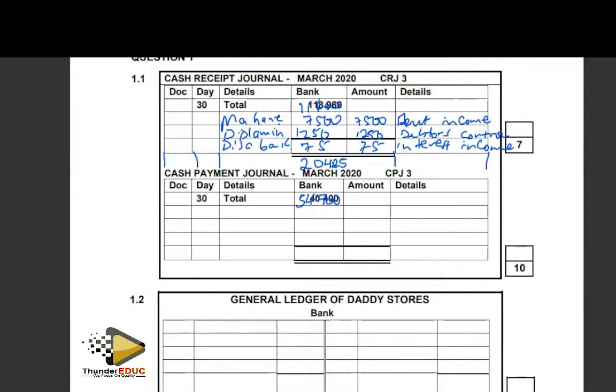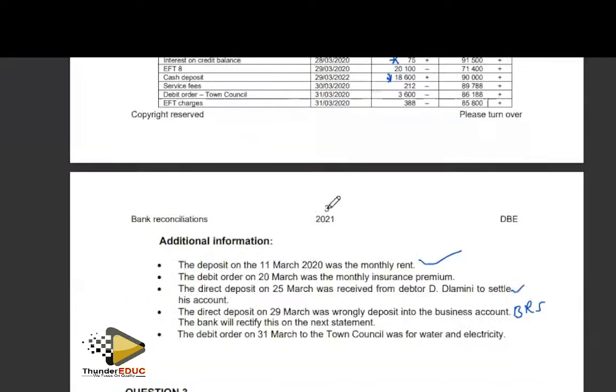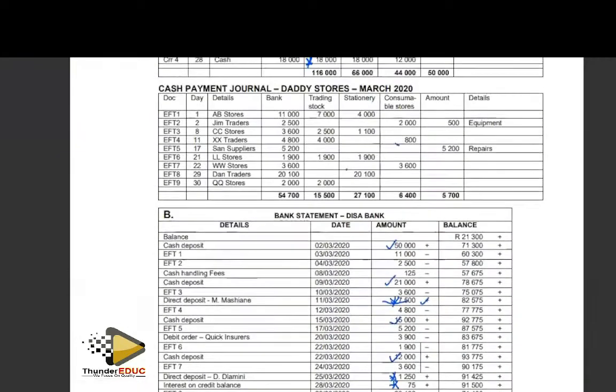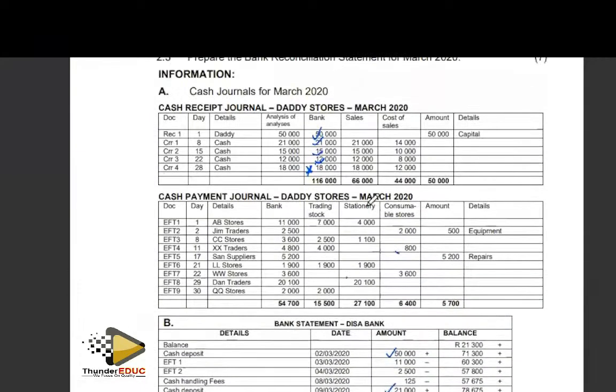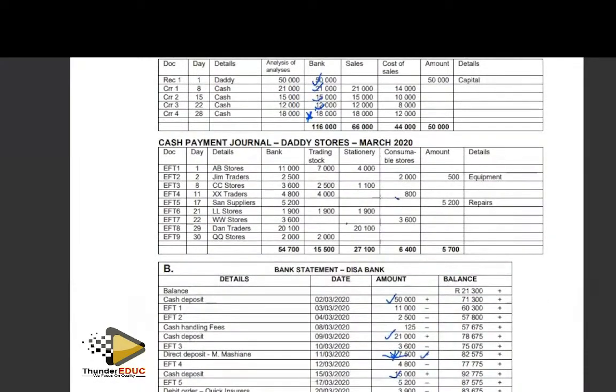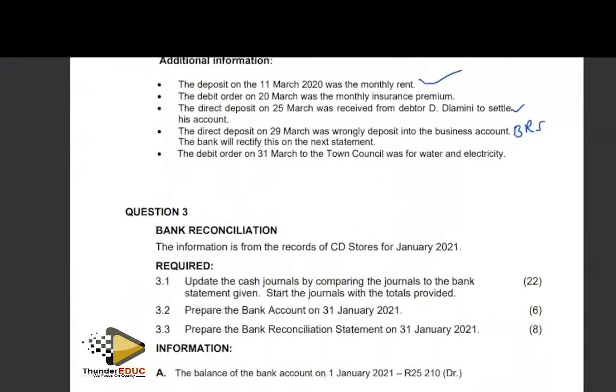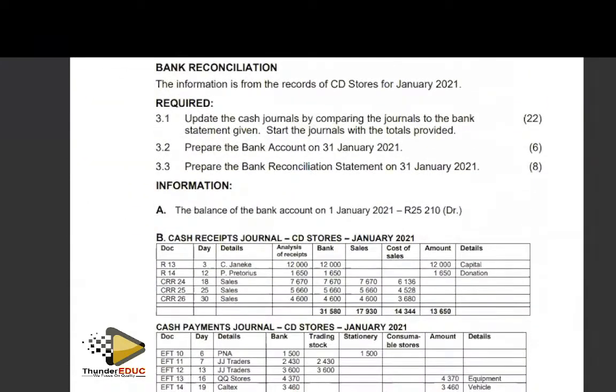Or to be on a safer side, let's also take the items which we found. You know, you have to do it in steps, okay? You have to take now the items which you found in your cash receipts journal, and you never saw them on the statement, so that you can record them there. And where are you going to record it? We're going to record this in the bank reconciliation statement, okay?